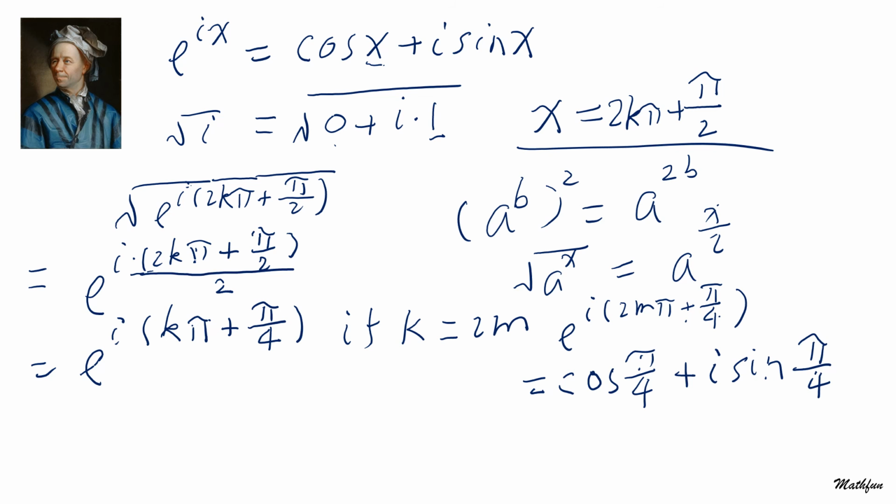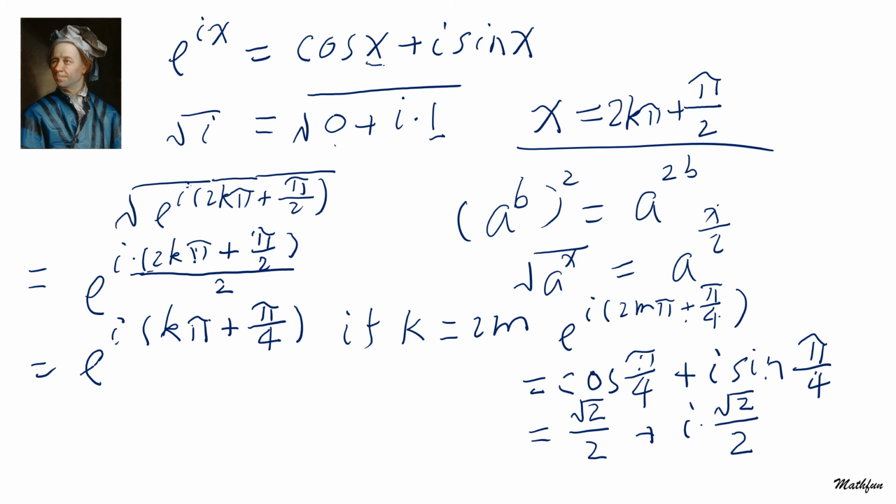And that will give you the positive answer: square root of 2 over 2 plus i times the square root of 2 over 2.